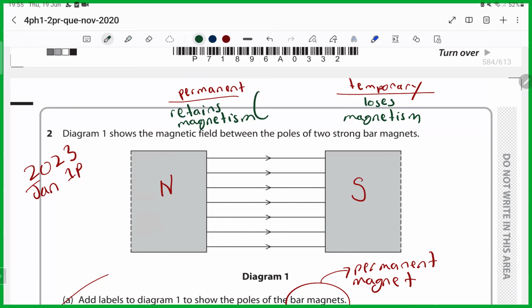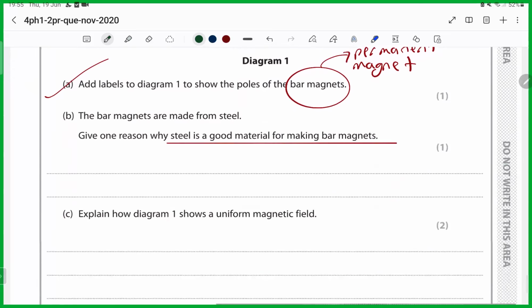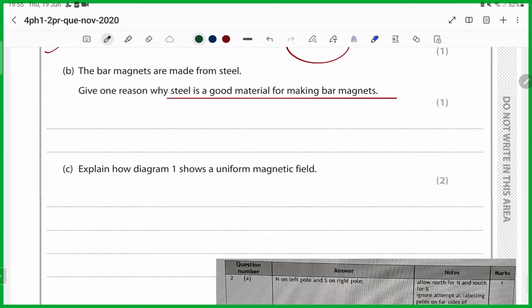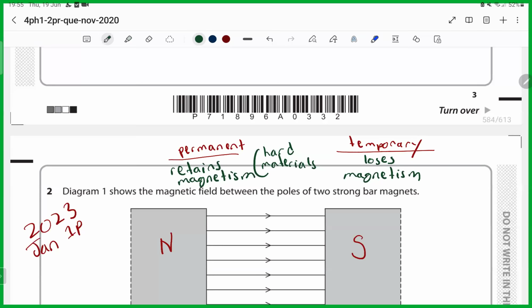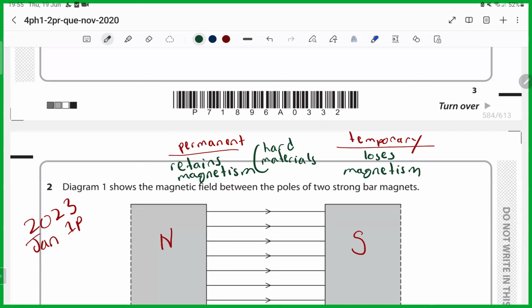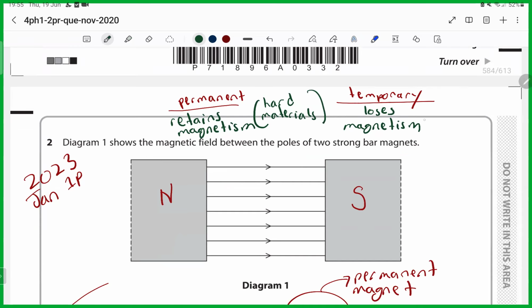So for a permanent magnet to retain magnetism, we use hard magnetic materials. And for temporary magnets which lose magnetism easily, we use soft magnetic materials. So again, what are hard and soft magnetic materials?